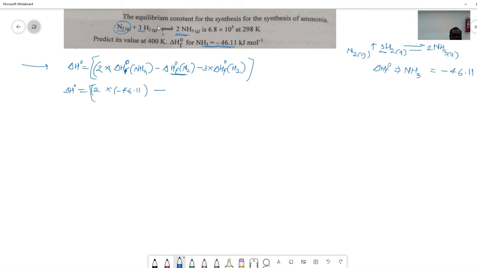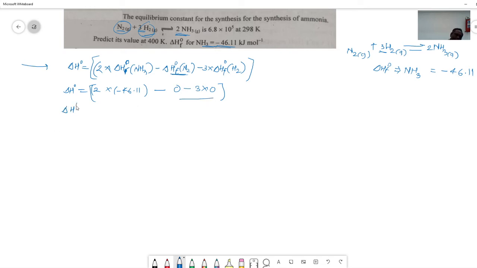Nitrogen is in the standard state, and hydrogen is also in the standard state, so that is also 0. Therefore this total value comes out to be 0.